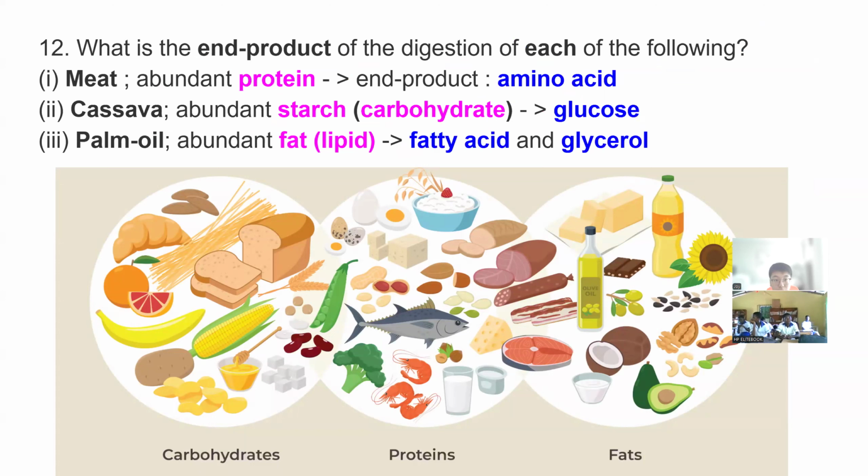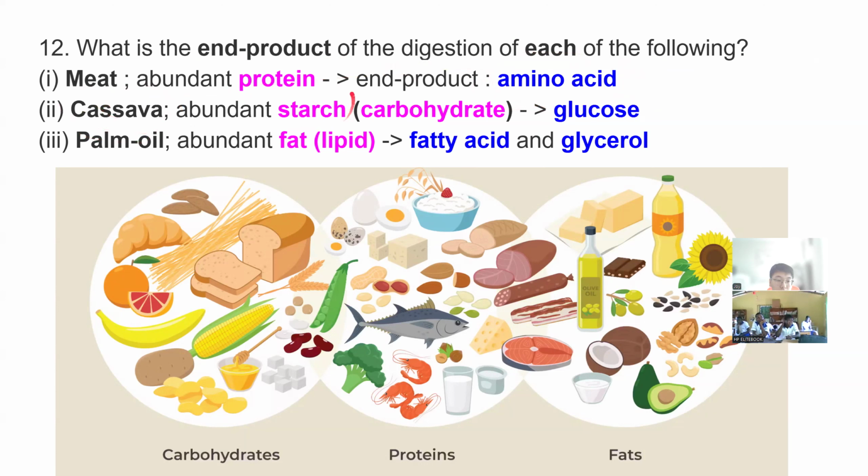What is the end product of the digestion of each of the following? So this question is asking about components. So meat is abundant in protein. So protein is broken down into polypeptides and then to amino acids.